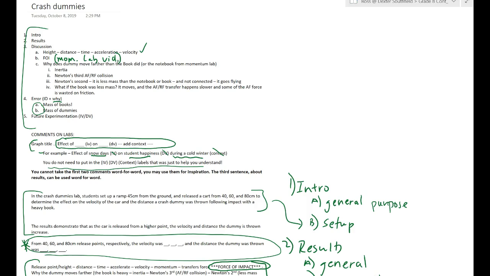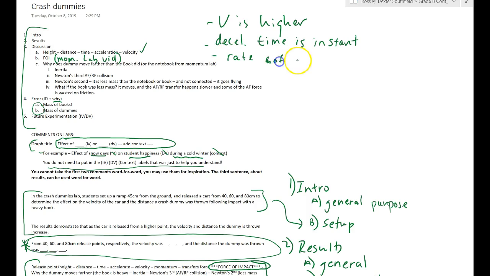Because the velocity of the cart is higher when it's released from a higher release point, but the deceleration time is instant, that means that the rate of negative acceleration, deceleration, is greater.